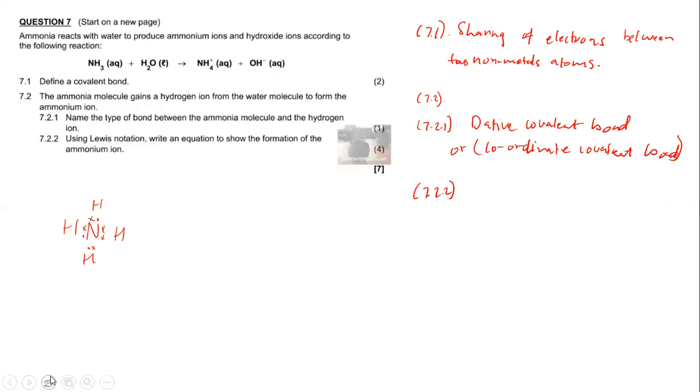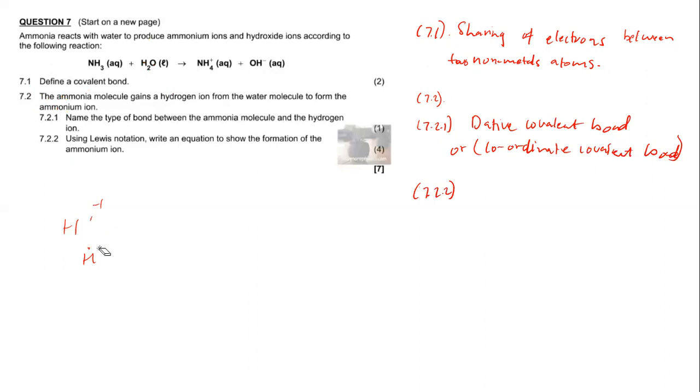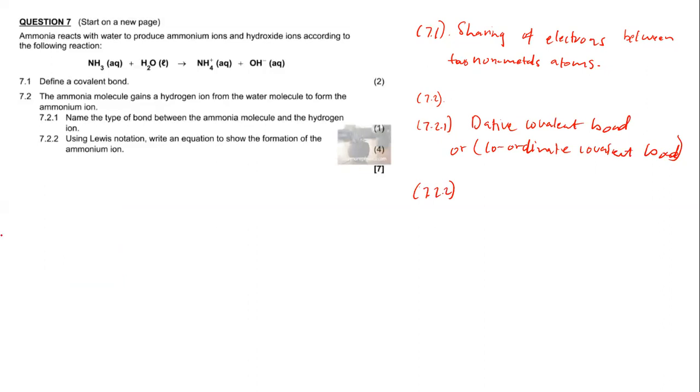So how are we going to do that? This is how we're going to do this. I'll just answer my question, 7.2.2, over here. We see the ammonia, but remember we're going to use the Lewis notation, not the chemical notation.